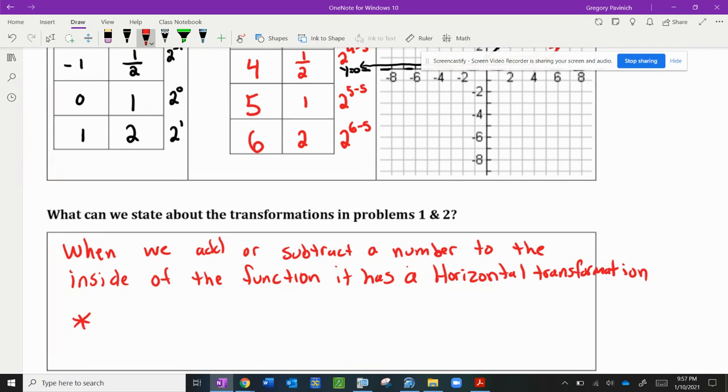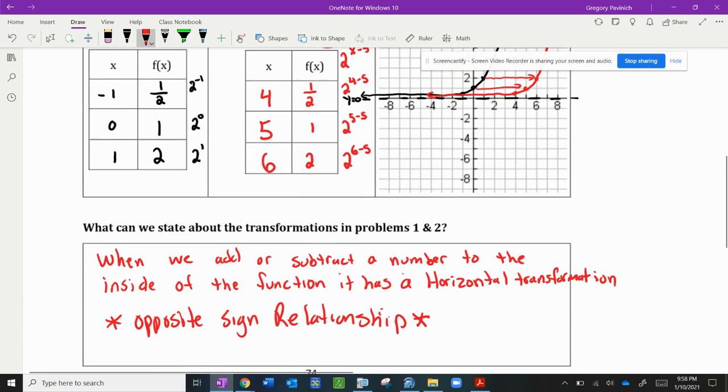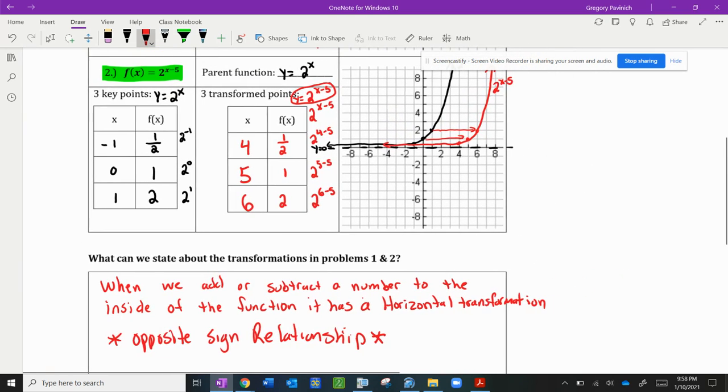And we're going to say this has an opposite sign relationship, meaning it's going to go the opposite direction than the sign. Whereas the vertical one had the same sign relationship. So we'll practice these and get these down packed.